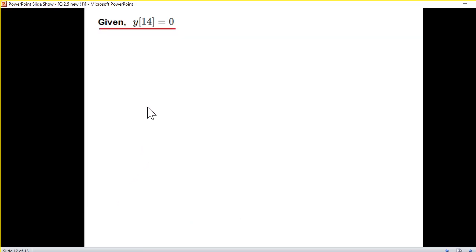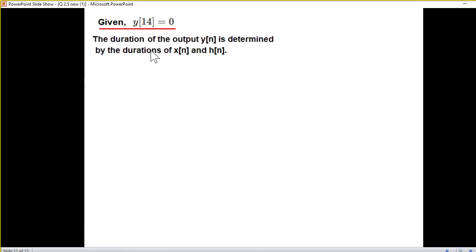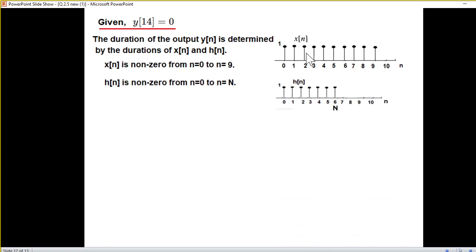Now there is another condition, that is y4 is equal to 15. So we'll use that too. Now the duration, or you can say range, of yn, that is the convolution sample, is determined by the duration of xn and hn. So xn has a duration from 0 to 9, and hn has a duration from 0 to n. So we'll use these durations to find the duration of the convolved signal.